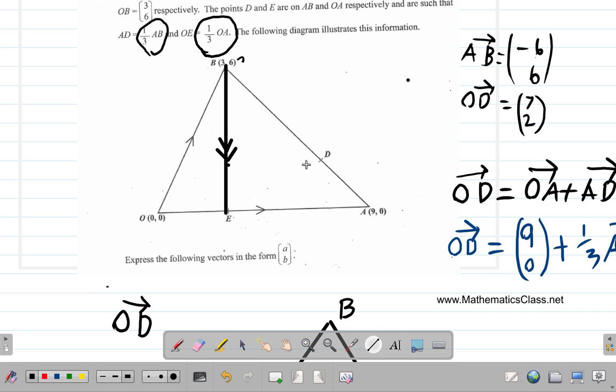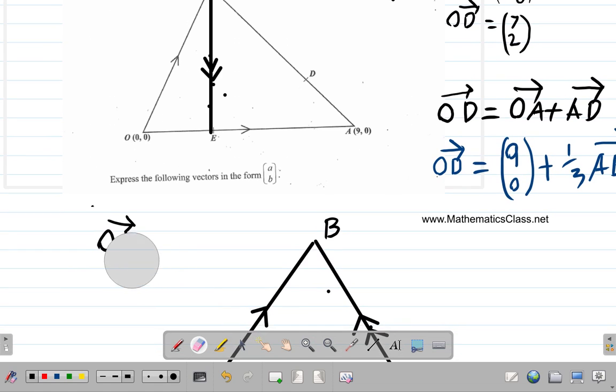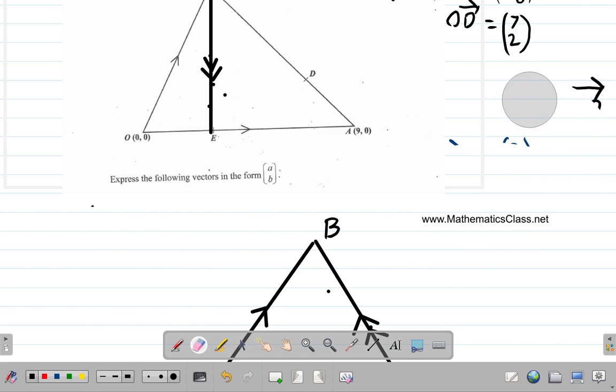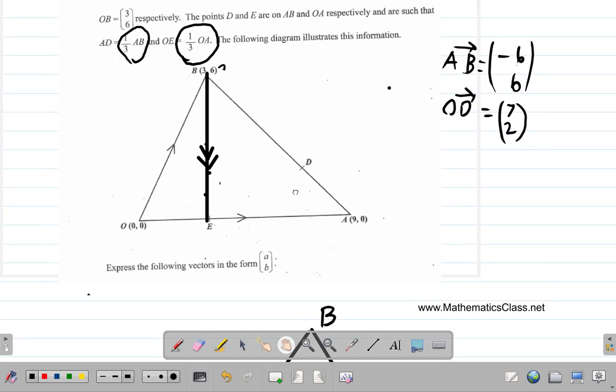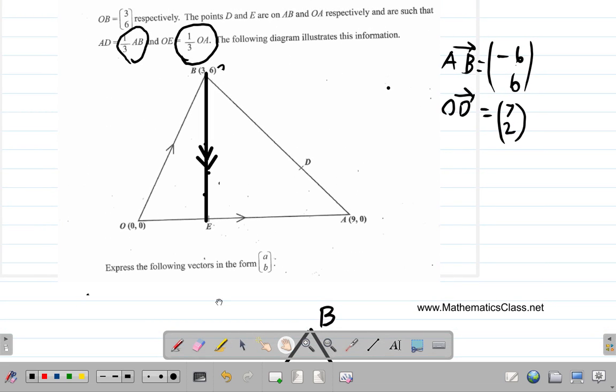What do we do? Going from B to E. We say here, when we go from B to E, we could end up the same place going from B to O, then O to E. You see that?